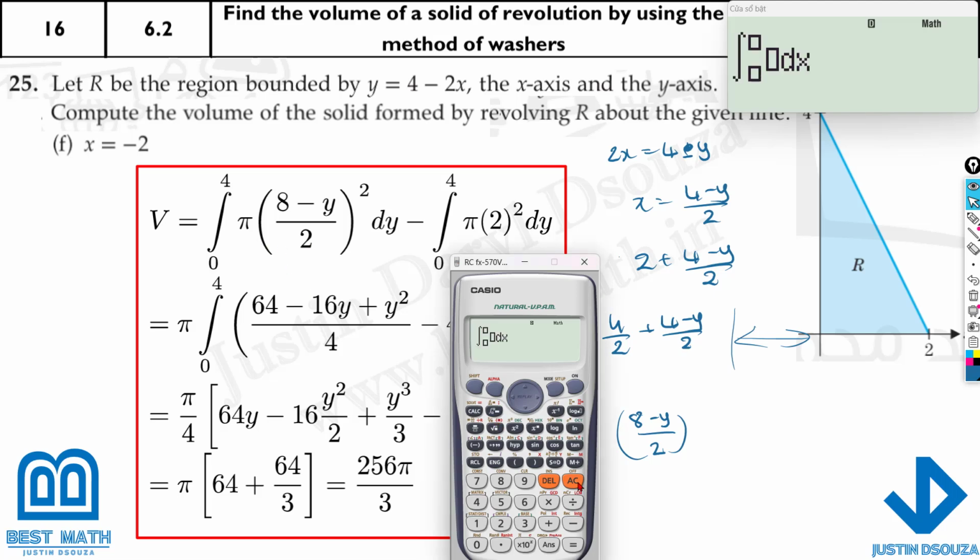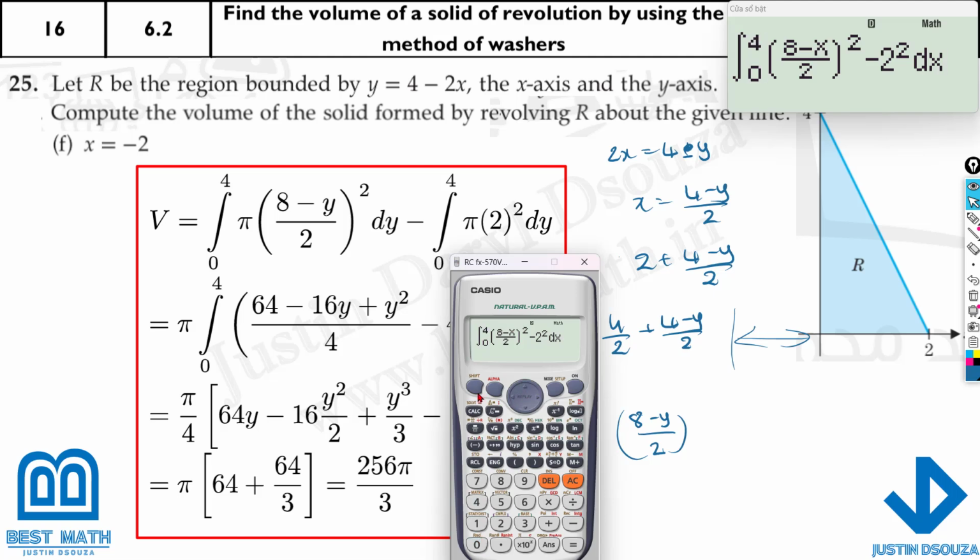So it should be the integral. First one, it's this one, 8 minus x. I should write the fraction 8 minus x and close the bracket and square it up, minus 2 square, and it is from 0 to 4.